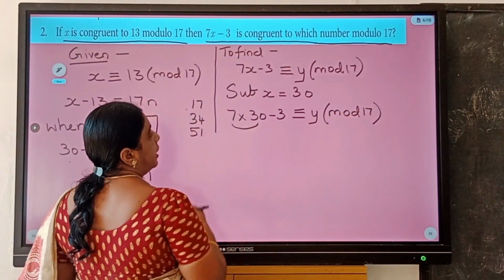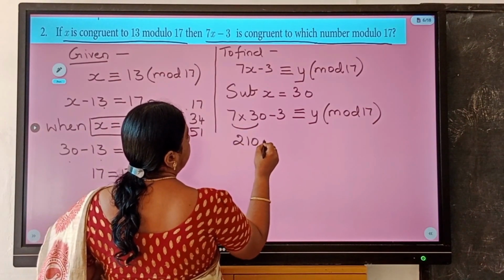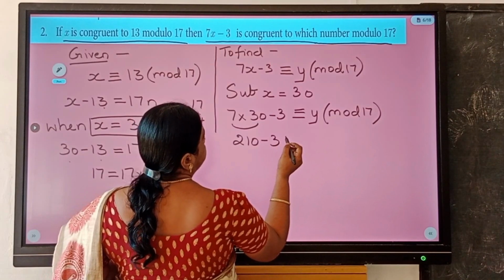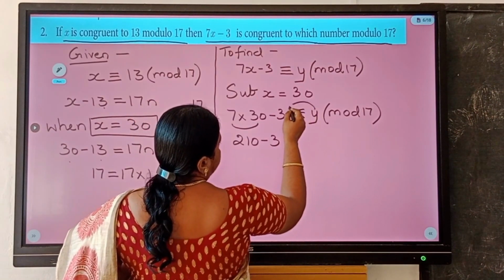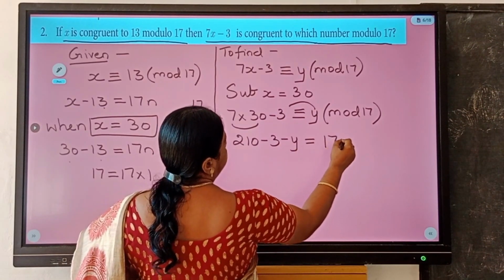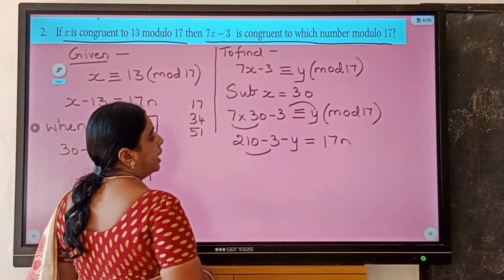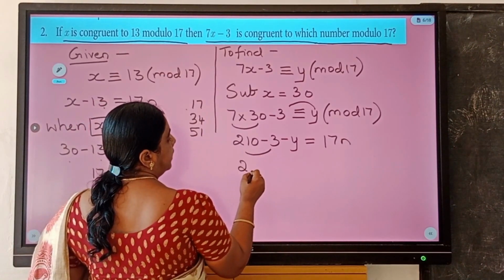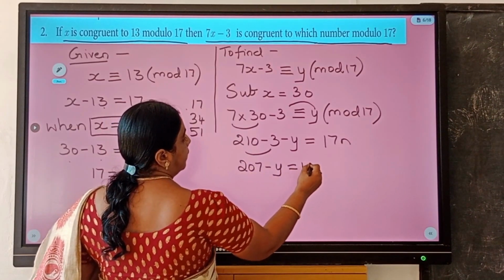So 7 into 30 is 210 minus 3, and I am going to bring this y to the other side. Minus y is some multiple of 17. So 210 minus 3 is 207 minus y is some multiple of 17.